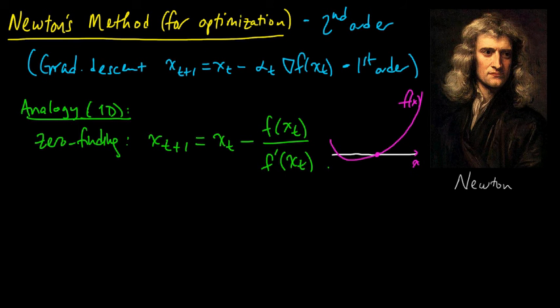If this is your initial point, then what this is doing is making a linear approximation to the function at that point. If I can draw a straight line, something like this. You make a linear approximation, and then you find where that approximation is 0. And then that's your new point. So this would be your xt, and this would be your xt plus 1.